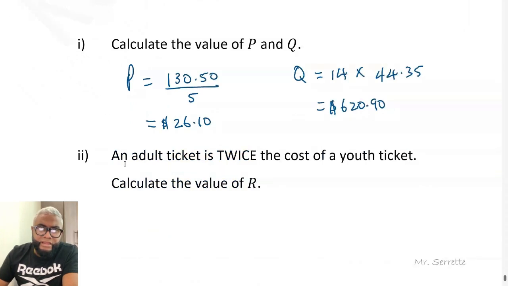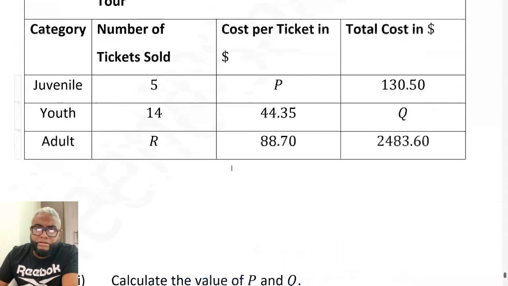R, what is it about R here? An adult ticket is twice the cost of a youth ticket. Calculate the value of R. So how come they give us these values here? Something wrong with this table.